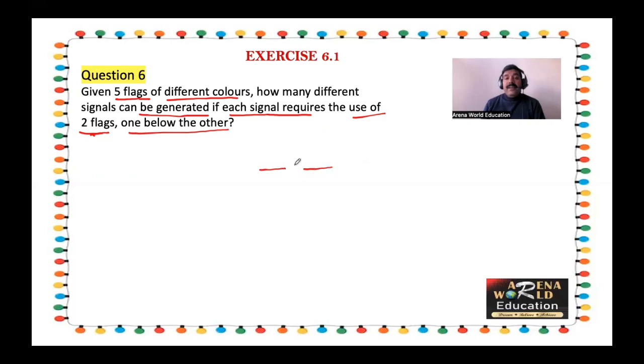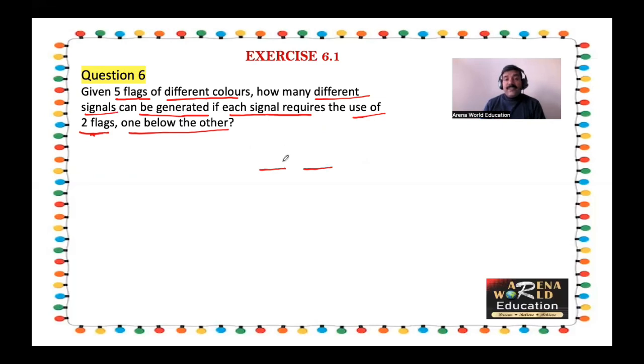Simply, if you understand the question, each signal requires the use of 2 flags, one below the other. And how many different signals means repetition is not allowed.